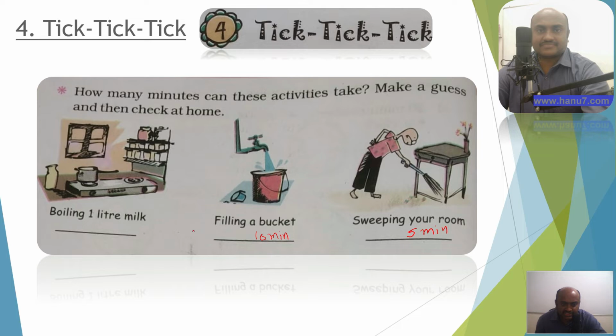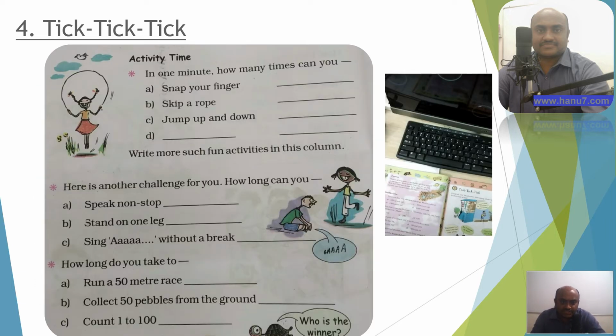What is the temperature at which you are boiling, how much flame is there, and all those things matter. So roughly let us say around 7 minutes. This is how you have to guess how many minutes these activities can take. Make a guess and then check at your home. So this is the guess we made, and then let us check at our home.